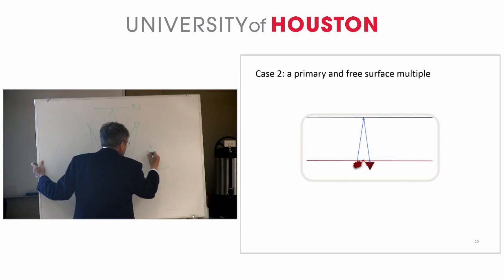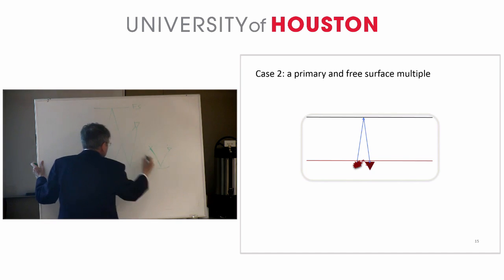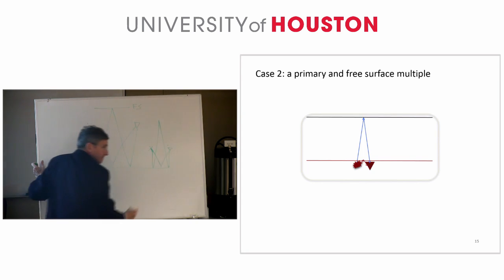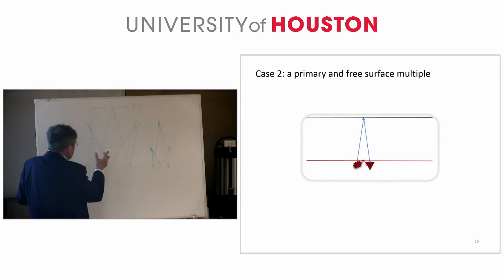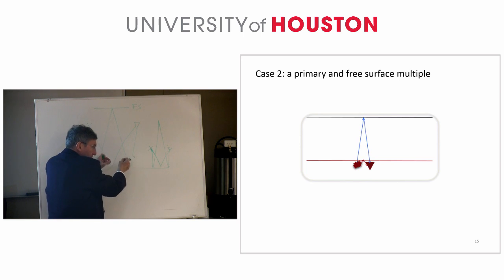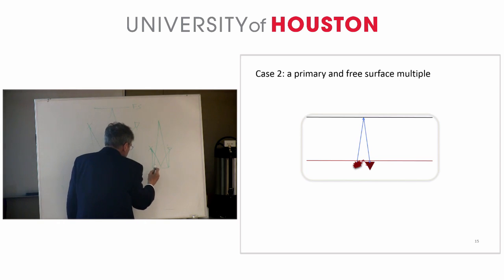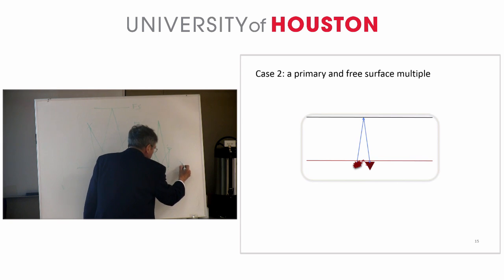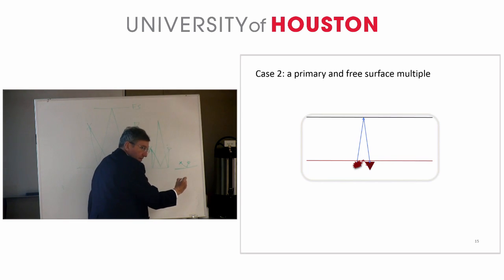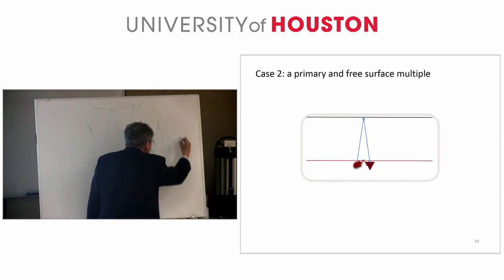When it's over here, you have this primary became this primary. And this multiple is that. The multiple that was this just continuously becomes another event in your new experiment, yes? In your predicted experiment. So when you're down over here, right above this, this primary transformed into this primary, yes? And the multiple is that.